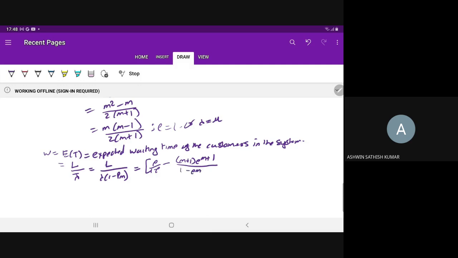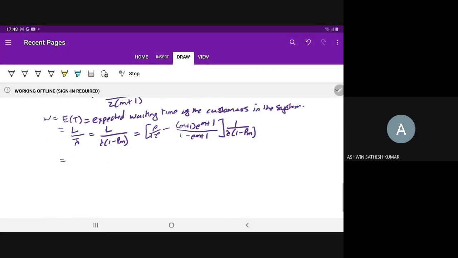So this will become L upon lambda into 1 minus Pm, that is rho upon 1 minus rho minus m plus 1 into rho to power m plus 1 upon 1 minus rho to power m plus 1, into 1 upon lambda into 1 minus Pm.